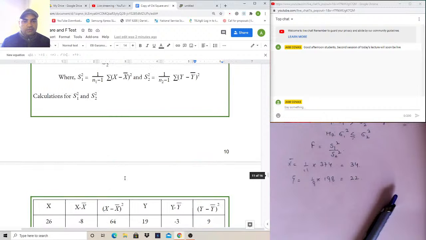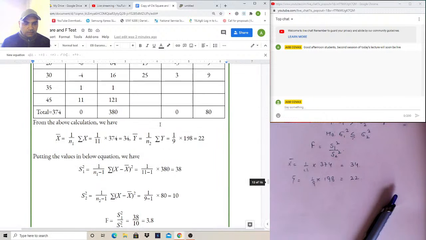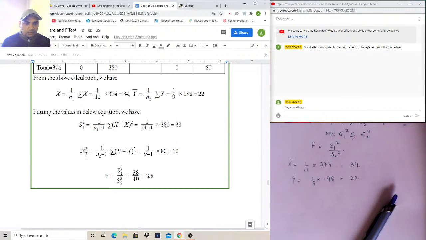S1 square will be 1 upon n1 minus 1 into the sum of x minus x bar whole square. So this will be equal to 1 upon 10 into 380, which is 38.